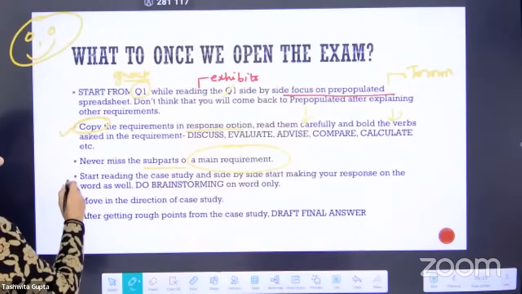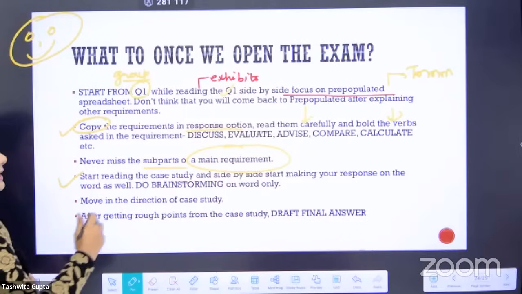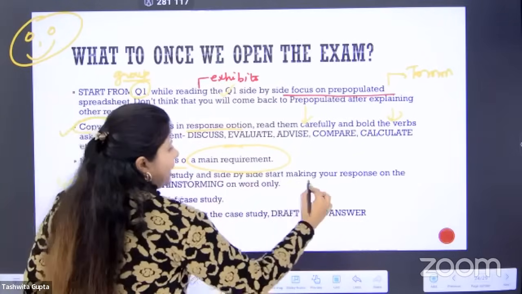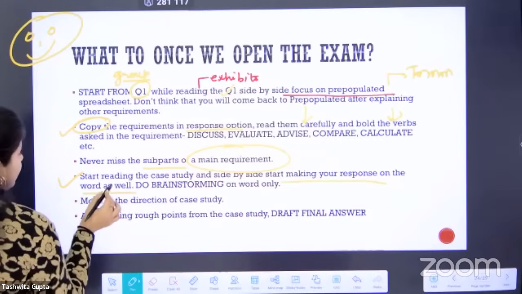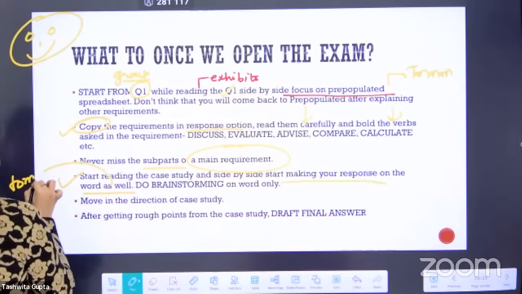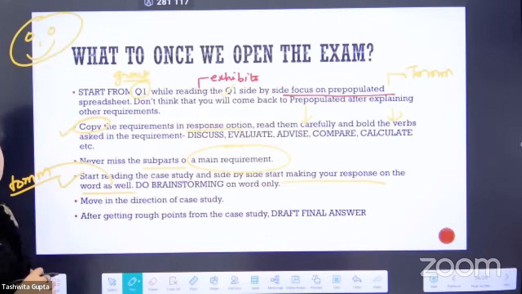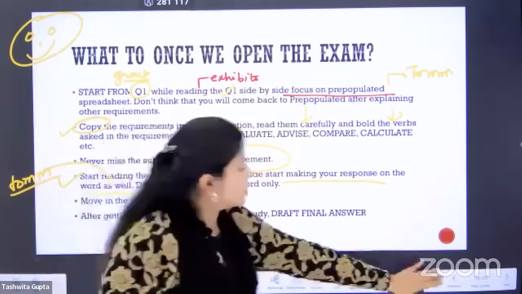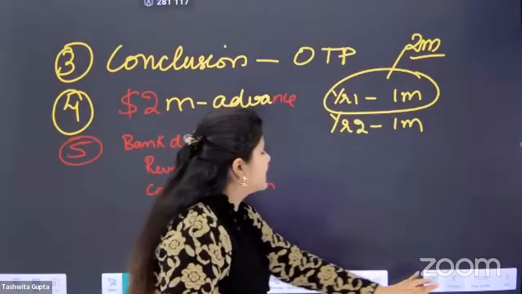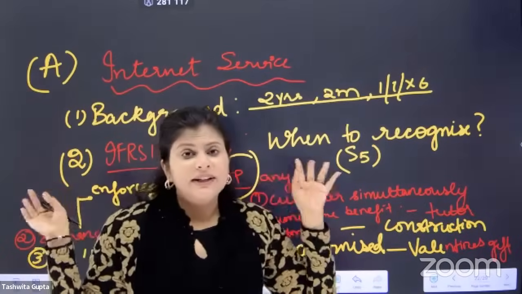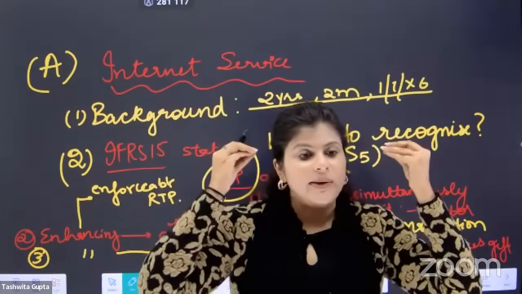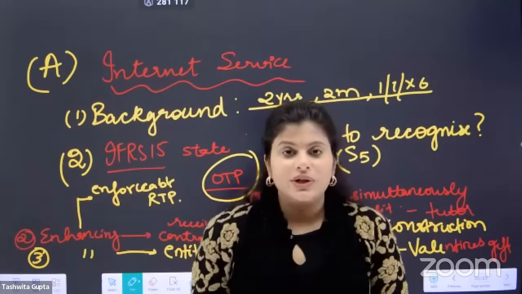Then start reading the case study and side by side start making your response on the Word file as well. I'll tell you how to do this tomorrow itself, but I hope you're understanding what I'm trying to say. All these brainstorming points that I've written, these 5 points while reading the case study, maybe they're not my final answer, they are just points which came into my mind while reading the question.